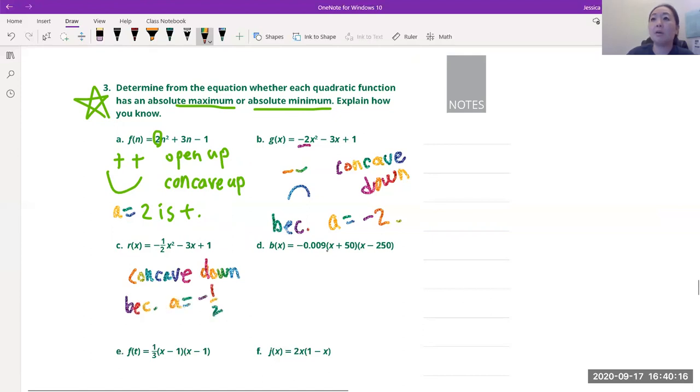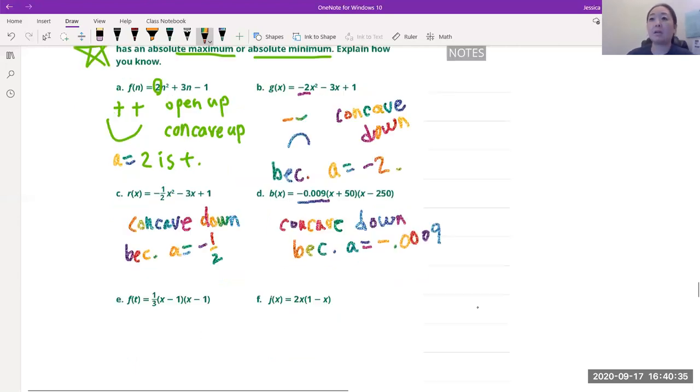This one is in factored form, but a is still this right here. So concave down because a is equal to -0.0009. It's barely negative, but it's still negative.